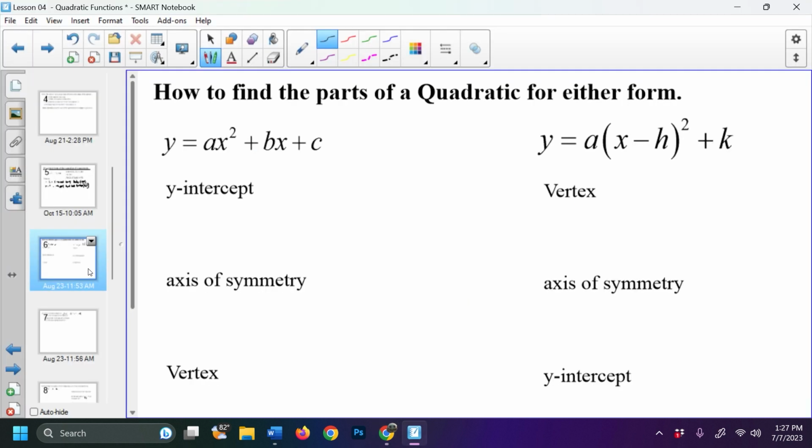How to find parts of a quadratic for either form. In our standard form of a quadratic, the y-intercept is always going to be at 0, c. To find the axis of symmetry, we're always going to go x is equal to negative b over 2a.